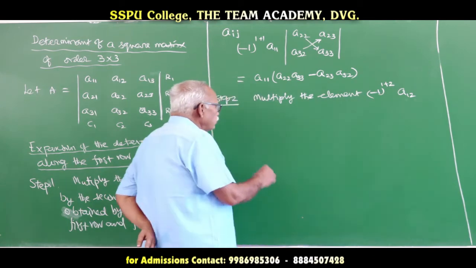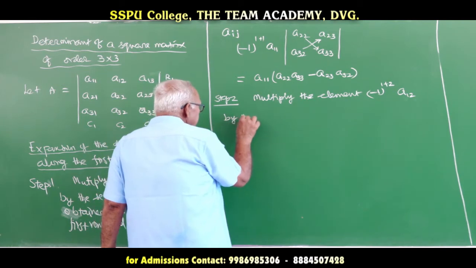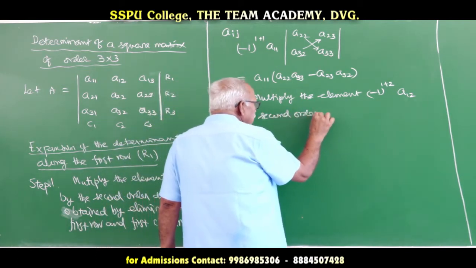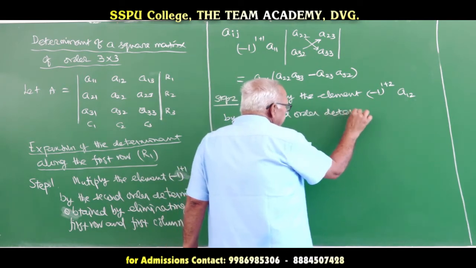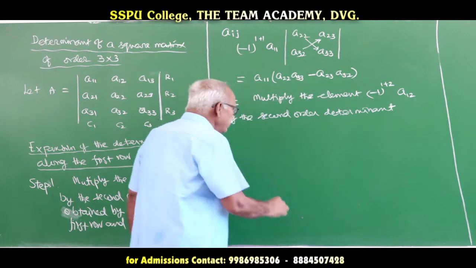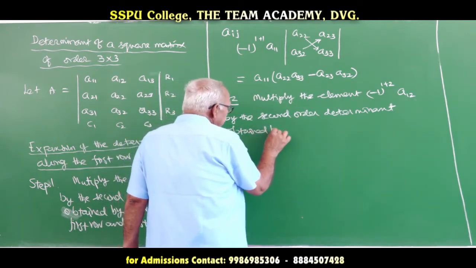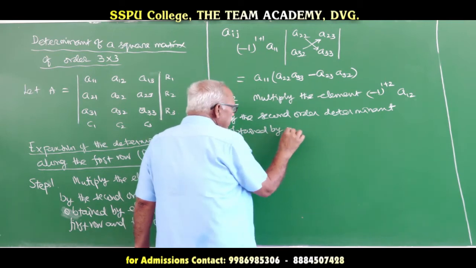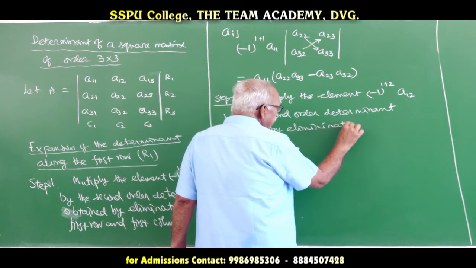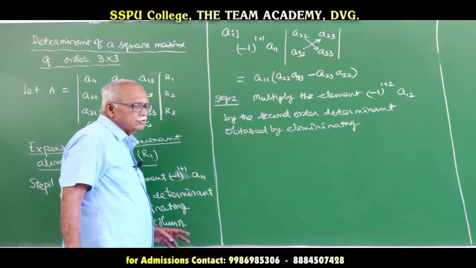So, A12 by the second order determinant obtained by eliminating, what we have to eliminate.